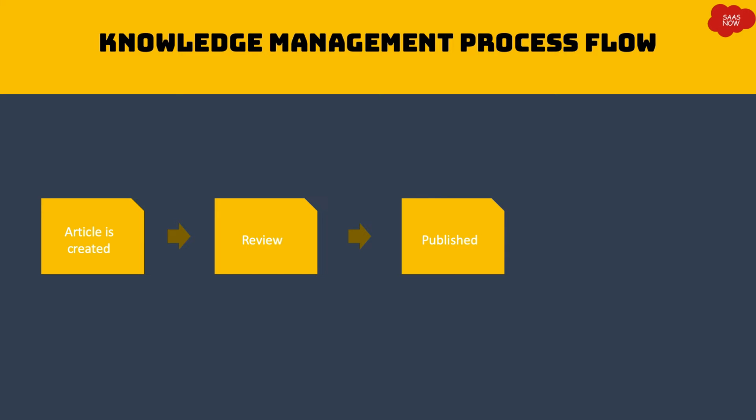And then it is also retired. That is the last stage, where the same article is retired. You will learn later about end-to-end stages of a knowledge article. But these are high-level stages for an article, which is kind of a process flow for knowledge management.